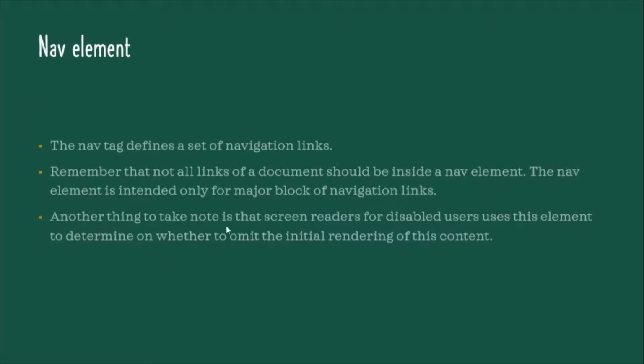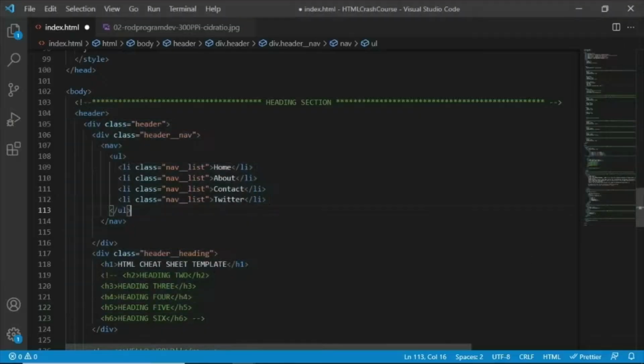Another thing to take note of is that screen readers for disabled users use this element to determine whether to omit the initial rendering of this content. So that's the nav element, everyone. This is a semantic element, meaning here we do have the header nav div, but that doesn't have any semantic meaning. The nav element here will tell the screen readers that this is a navigation inside of our header element here.